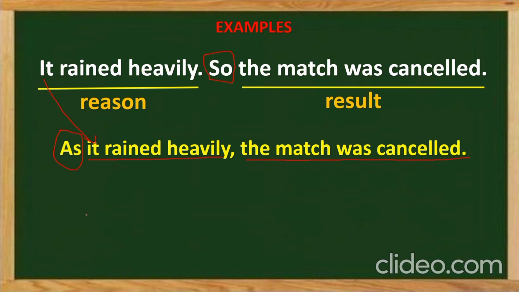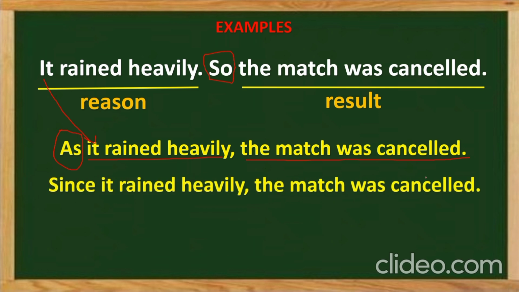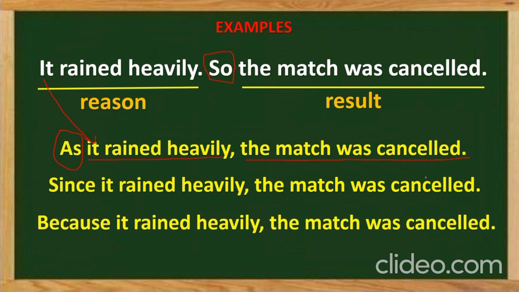Now see the structure here. As we used as, then the reason, then a comma, then the result followed. And with since, just replacing as with since: since it rained heavily, the match was cancelled. Then: because it rained heavily, the match was cancelled.